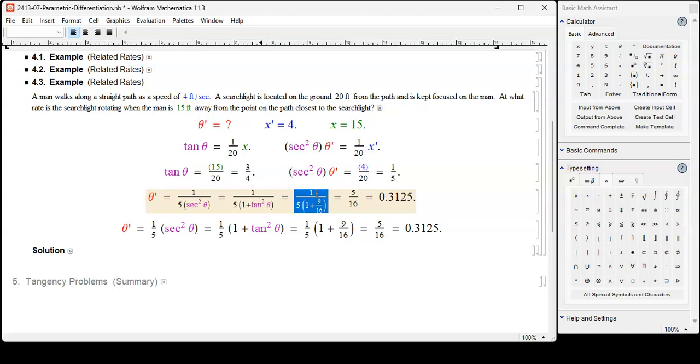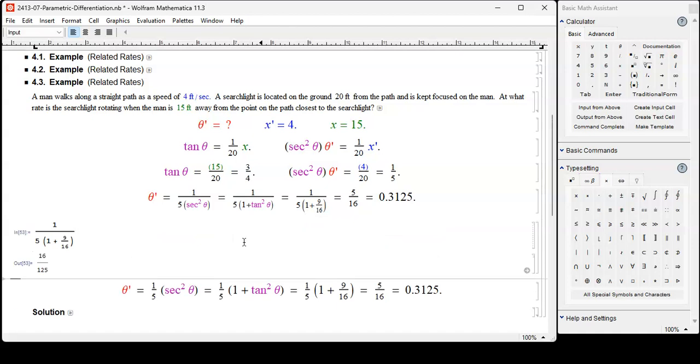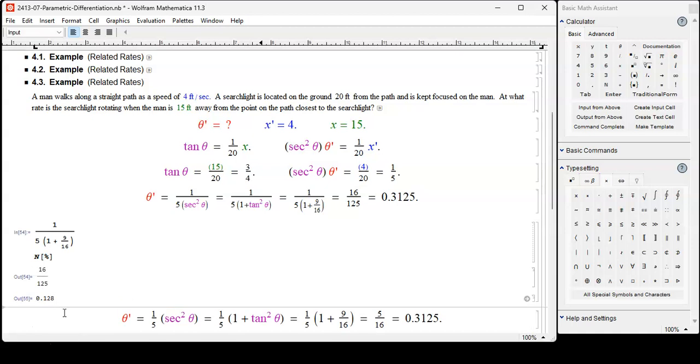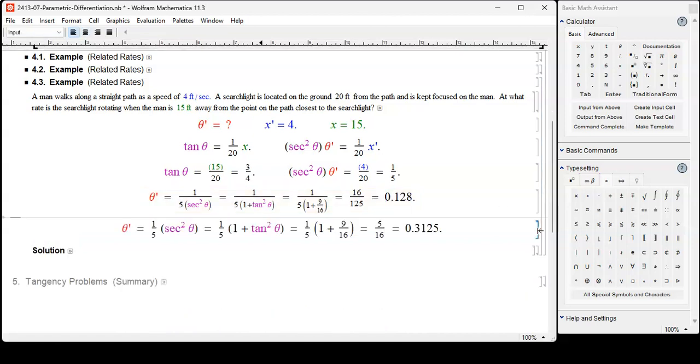So this entire thing, I'm afraid, is going to be a little bit different. 16 over 125, which is 0.128. Yeah, that's the correct answer.